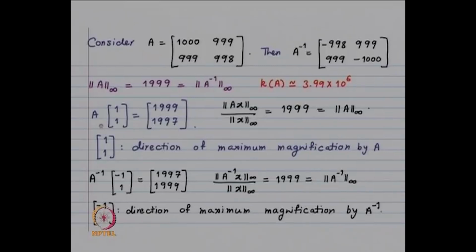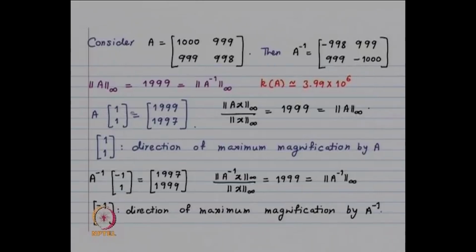If you look at A of 1, that is 1999 and 1997. So, norm Ax infinity divided by norm x infinity, where x is 1, its infinity norm is going to be 1. The infinity norm of this is 1999 and that is norm A infinity.